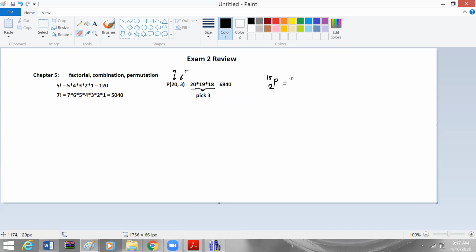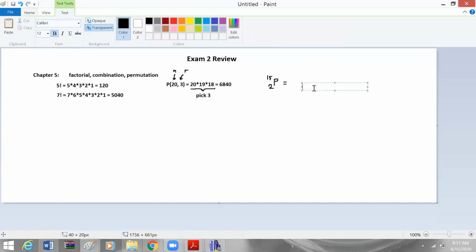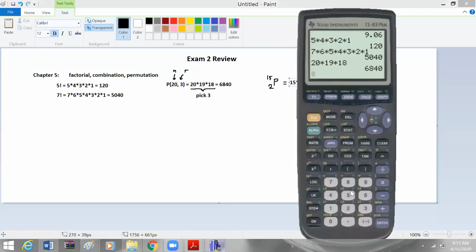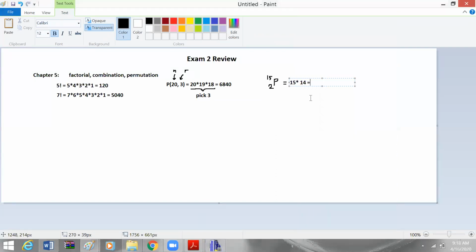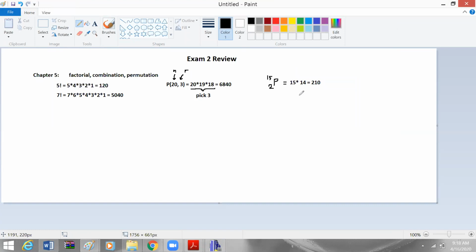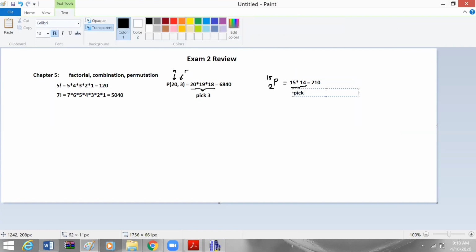The starting number will be 15, and the second number would be 14. So we take 15 times 14, picking 2 of them, and the answer is 210. So again, now we're going to pick 2 of them instead of pick 3.